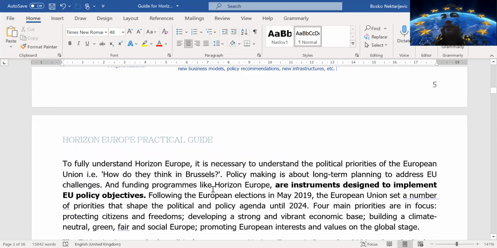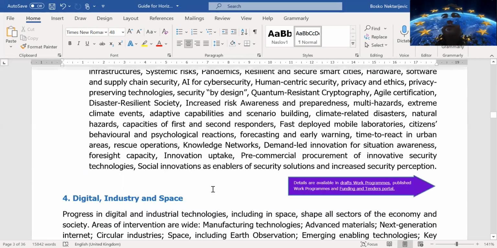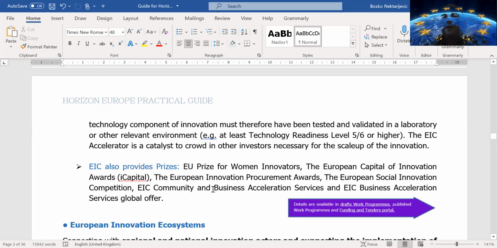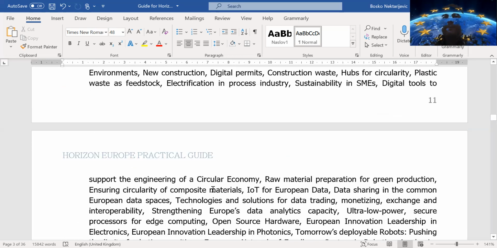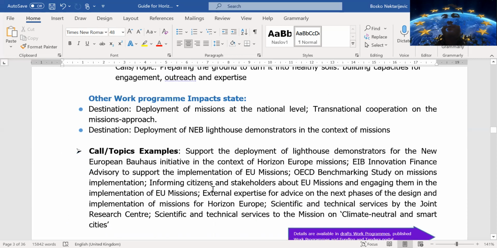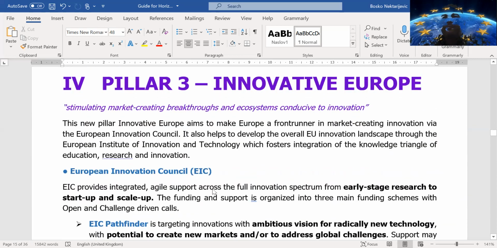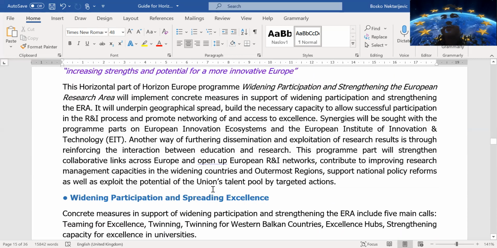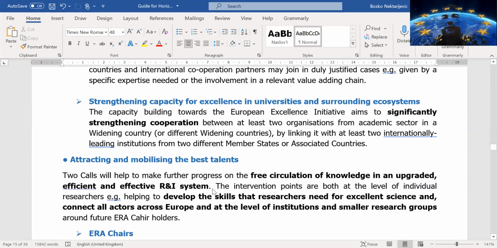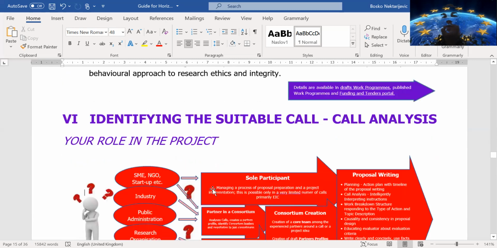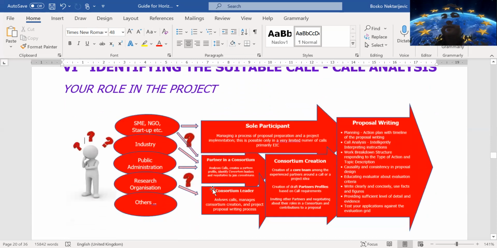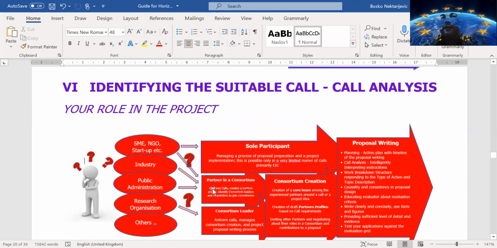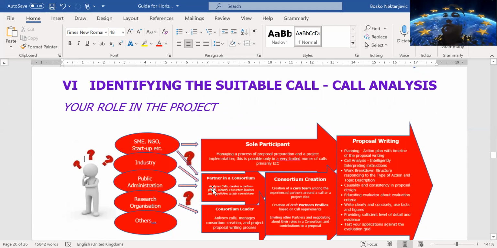I will start by giving you more reader-adjusted instructions, which will be in section 6, if I remember correctly. Yes. So here it is. It is about identifying the suitable call and call analysis.